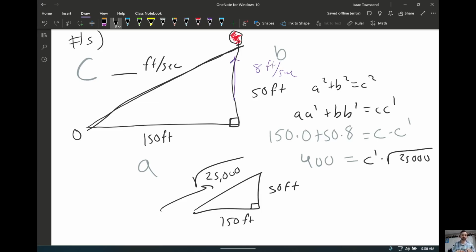So it looks like our answer should be 400 divided by... Oh, okay, so I know what they did. Are you still okay with what I did? So I would just divide this and say my answer is this. Or if you gave me a calculator, I would throw this in the calculator and get a decimal.